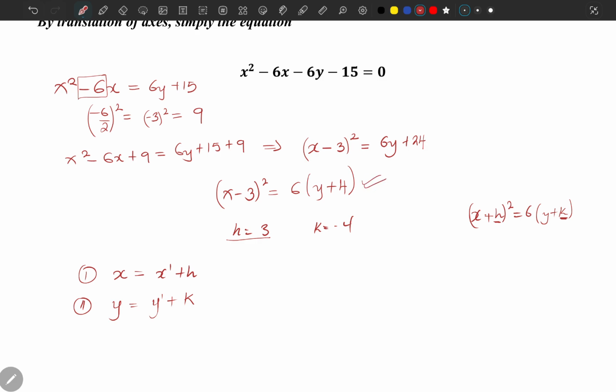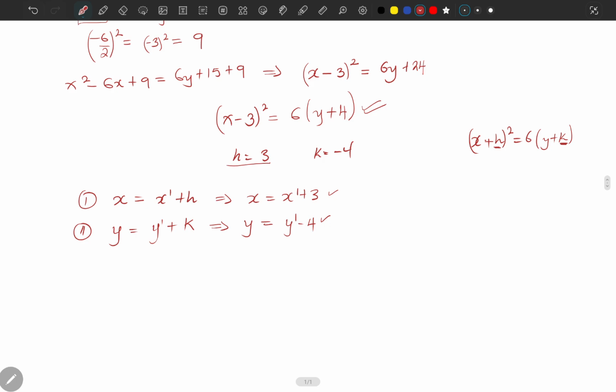But before we go anywhere, we can even come up with our value of x here. What is our h? Our h is 3, so you say plus 3. Our y prime, minus 4. This is negative there. So this is what we need to go and substitute.